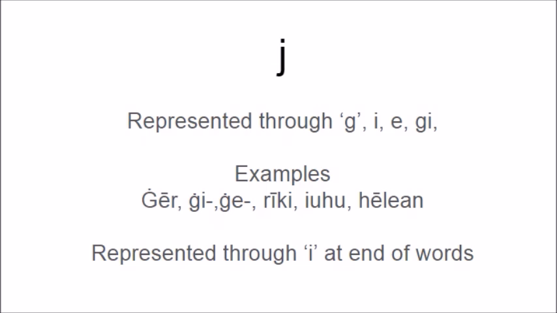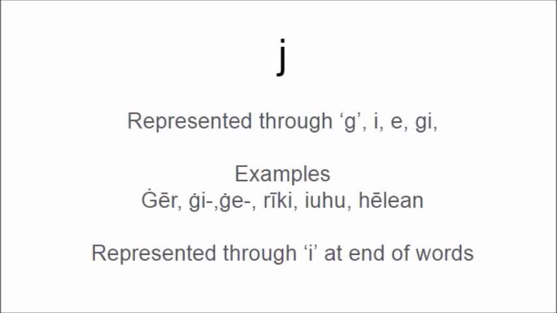As we can see here, we got yer again. We have ye, we got ye, we got riki, yuhu, and helion. The second E there sort of plays as a kind of J in a weird way. And it's also represented through I at the end of words.